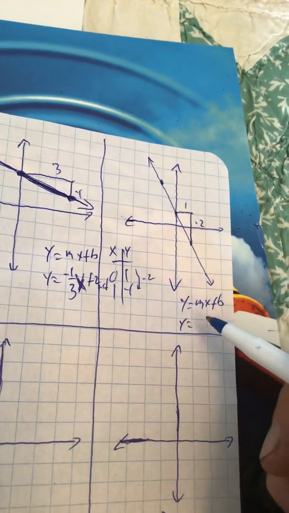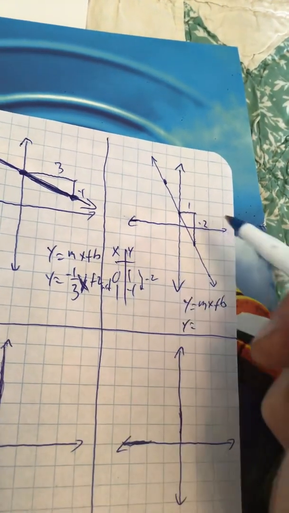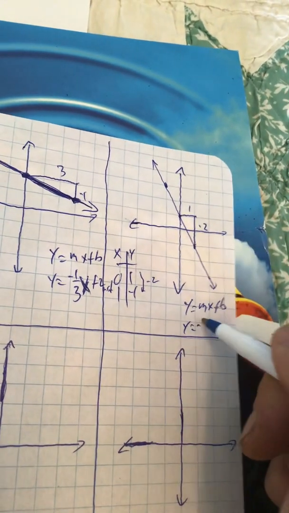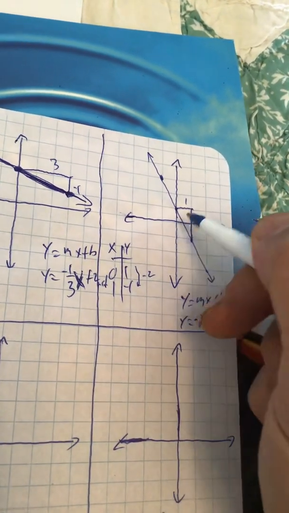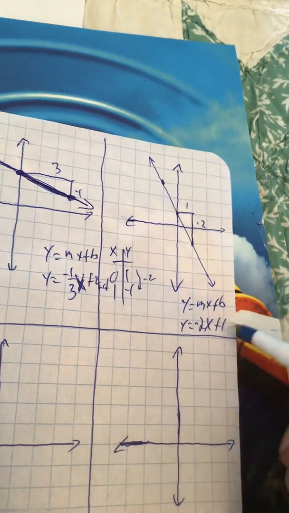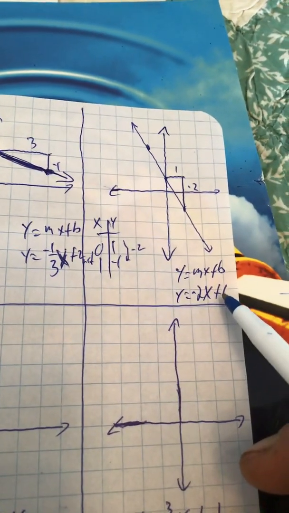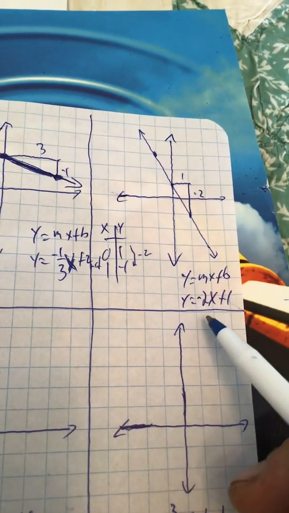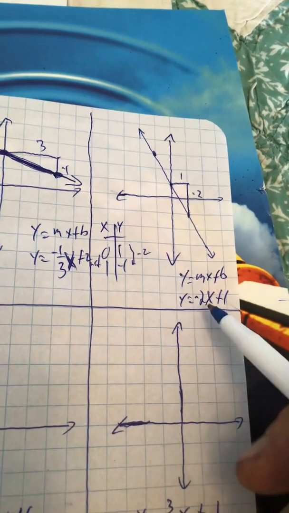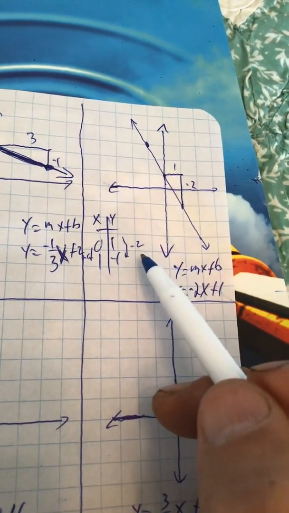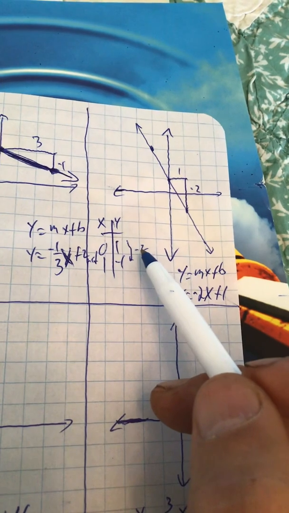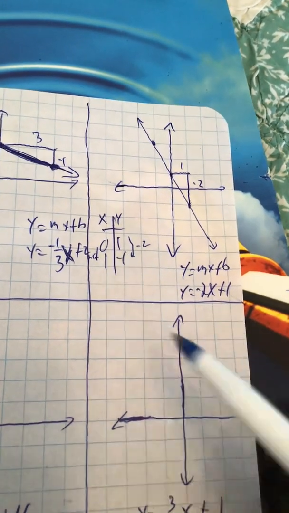So y equals -2 over 1, which is just -2, and you start off at +1. You can stick a 1 under there if you want. Bob has $1 and he's spending $2 every hour.